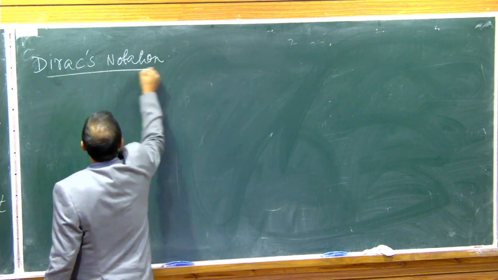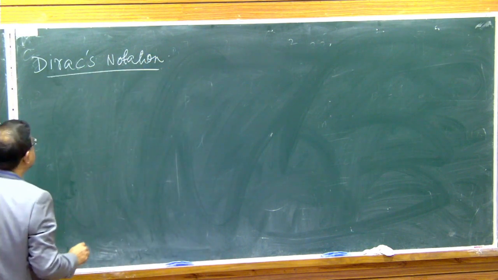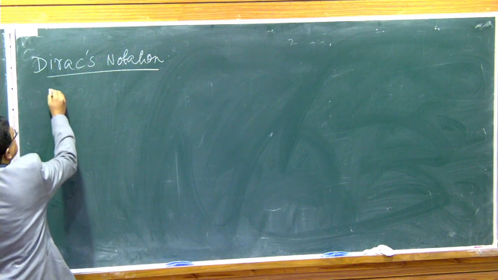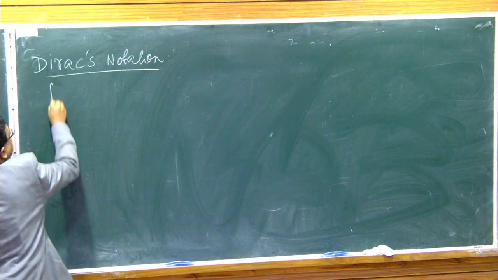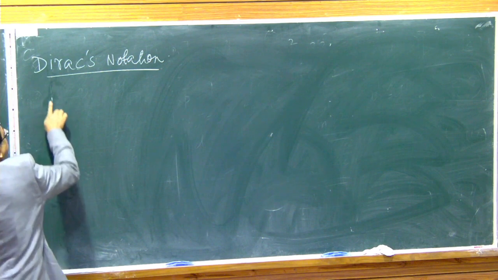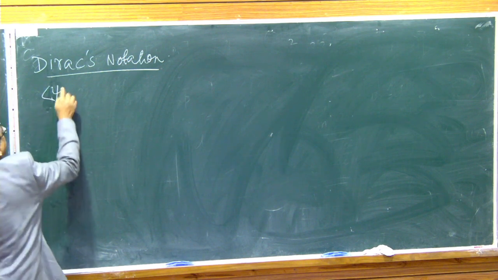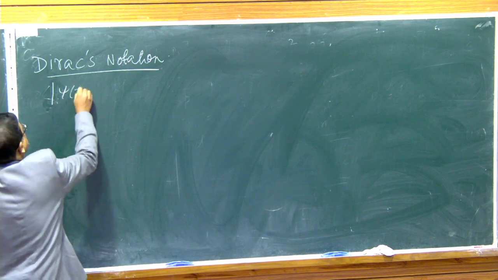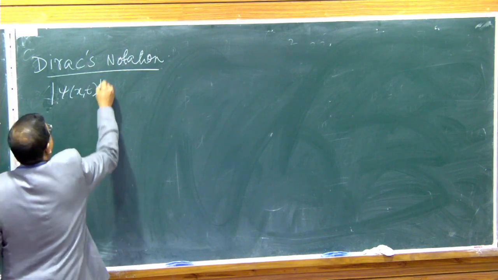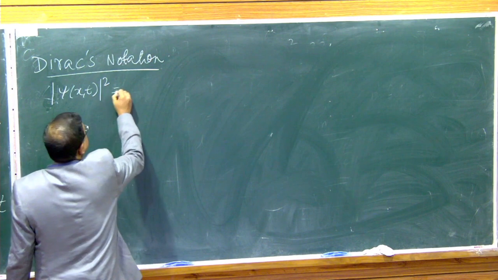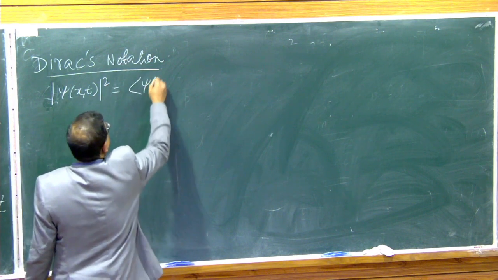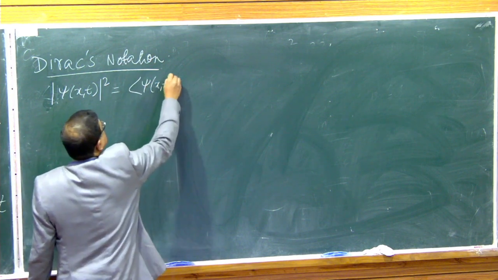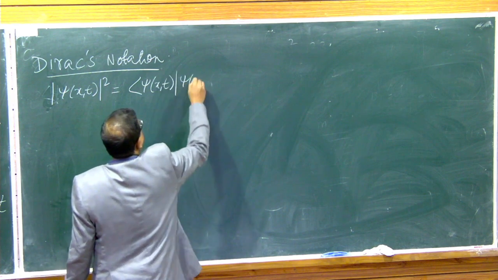And the notation is really simple. The notation says that such a quantity, or let us even write without, so this quantity is represented by just this inner product written in this particular fashion.